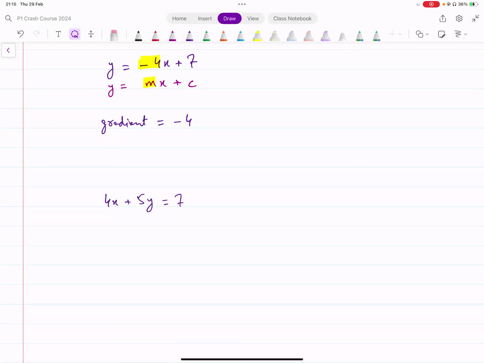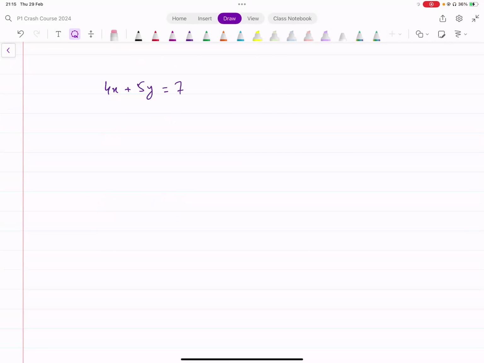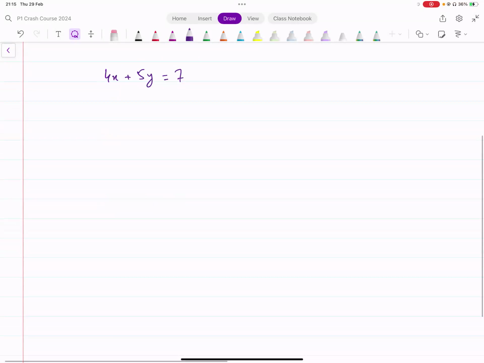Okay, great. So 4x plus 5y equals 7. How do you find the gradient of this line? The first thing you have to do is convert it to the standard form. What's the standard form? y equals mx plus c. And then you can compare: whatever is the coefficient of x there will be the gradient. Let's make y the subject. 5y equals 7 minus 4x, or you can write it like this instead, minus 4x plus 7.